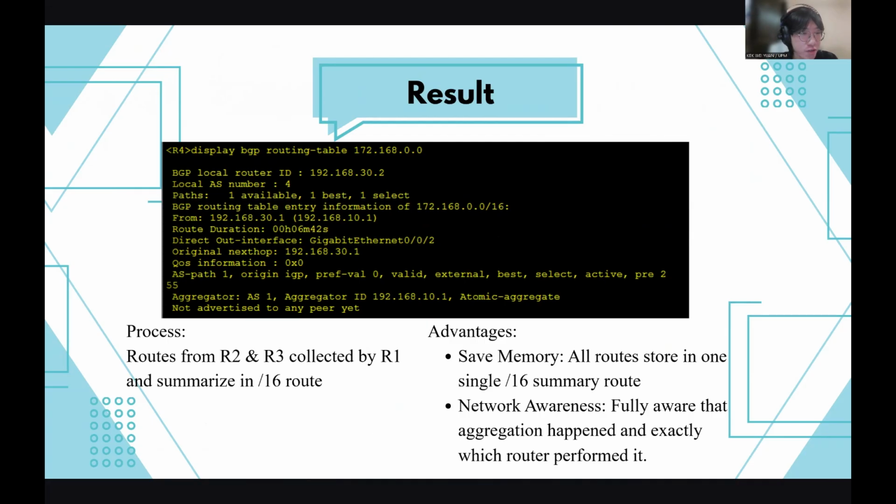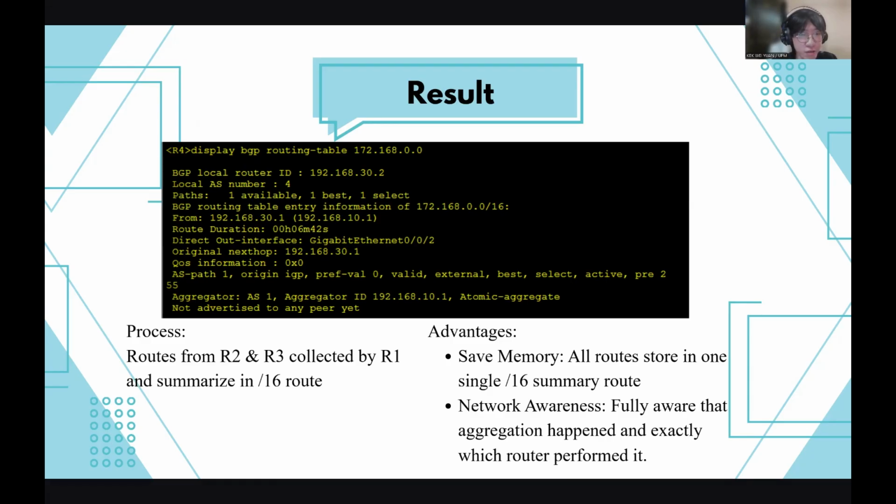Alright, so first we will see the atomic aggregate flag. So basically this is a warning label that tells router 4 that this is a summarized route received from router 1. The detail of the AS path history of the networks is inside the summary and has been intentionally dropped.